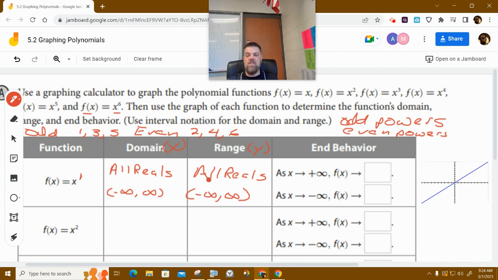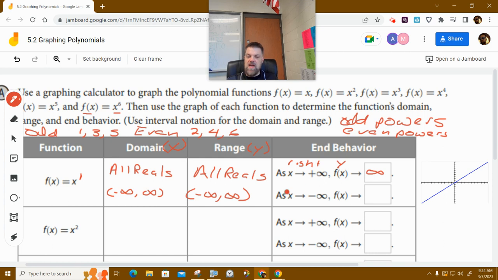And so now one thing, and I'm going to word this a little differently, we're going to study the end behavior of the graph. As x approaches positive infinity, that means we're going to go to the right. As we follow the graph to the right, what does f of x, the y value, do? It approaches positive infinity.